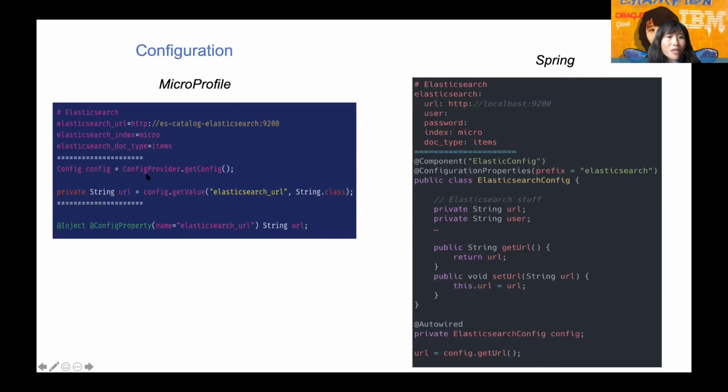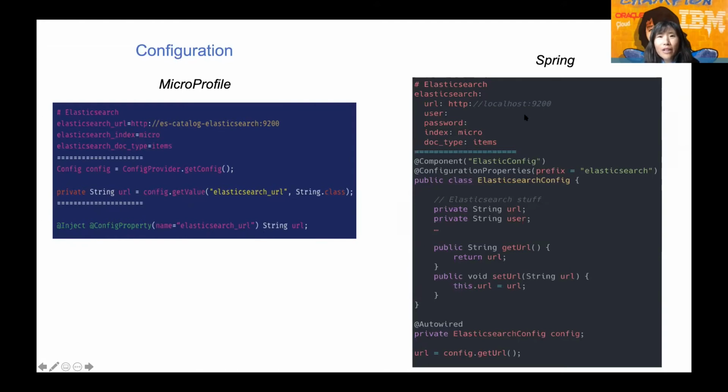Then you can use it inside your microservice. You can use the API: ConfigProvider.getConfig, and then config.getValue to look up a particular configuration property. Or alternatively, you can use the injection model. You can do @Inject @ConfigProperty, and then specify which property you are interested in, like elasticsearch_url.